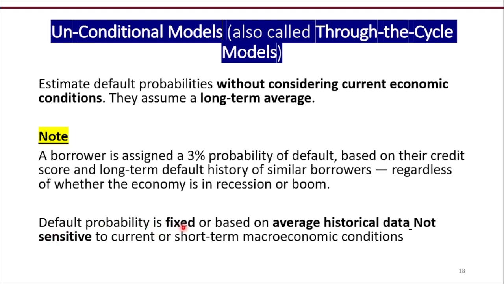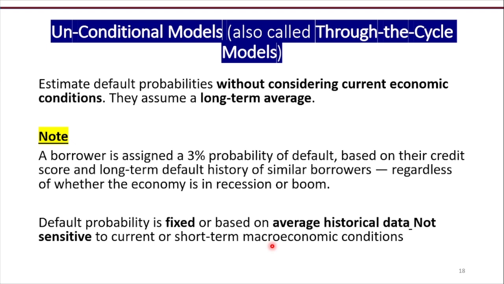We are using the word fixed, based on average historical data, not sensitive to current or short-term macroeconomic conditions. So what is macroeconomics? To understand macroeconomics, you have to study the macroeconomics course. In short, in macroeconomics we mainly talk about GDP, recessions, the growth of the country, the economy.